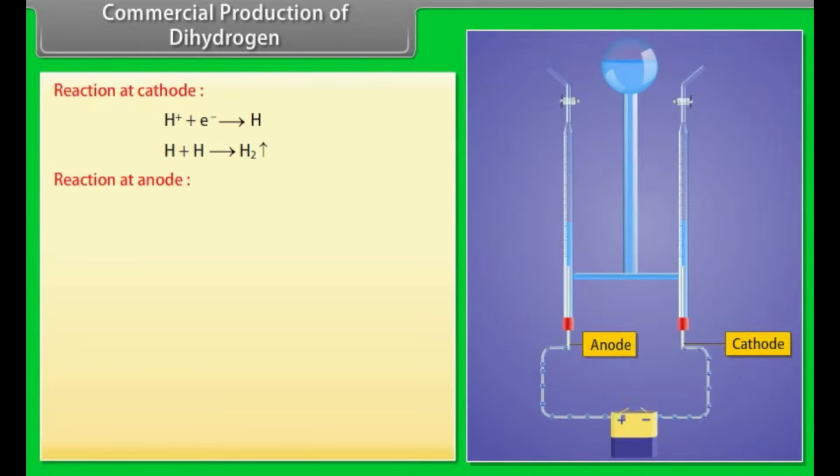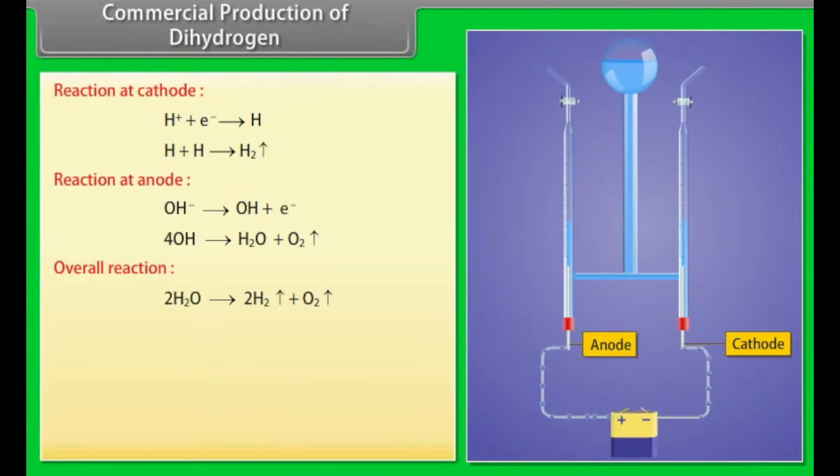Reaction at anode: OH- gives OH plus electron; 4OH gives 2H2O plus O2. Overall reaction: 2H2O gives 2H2 plus O2.